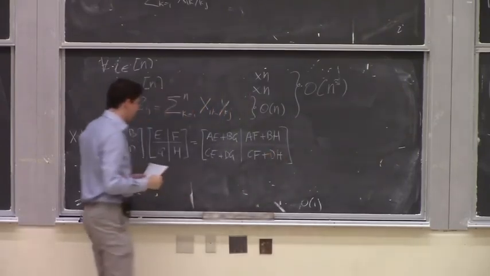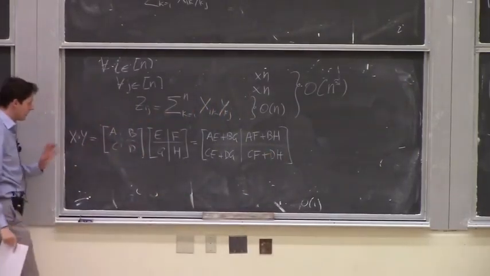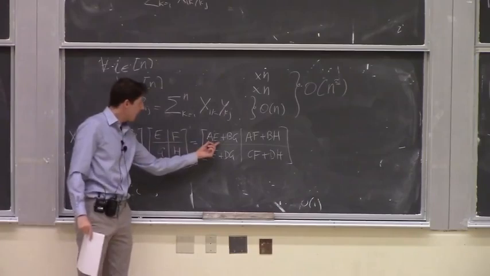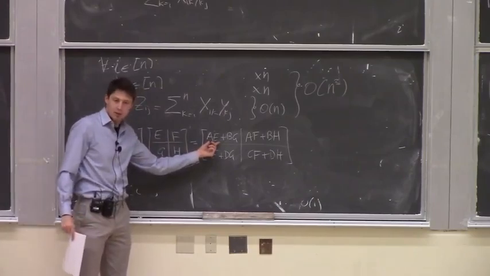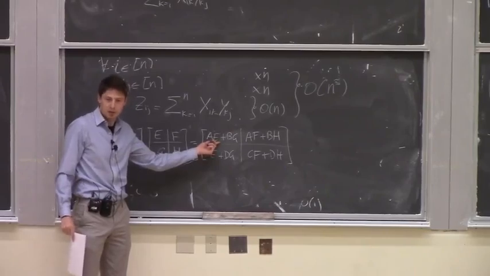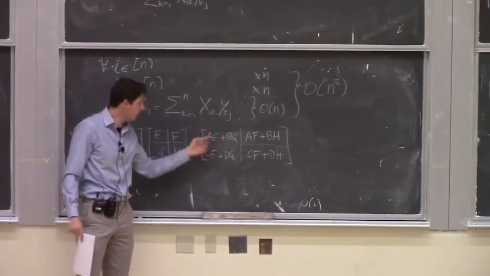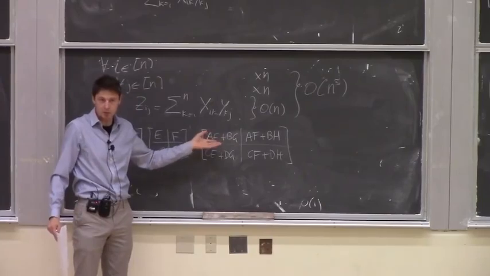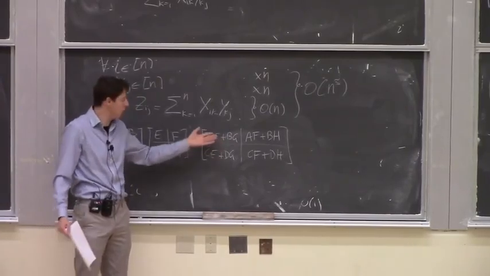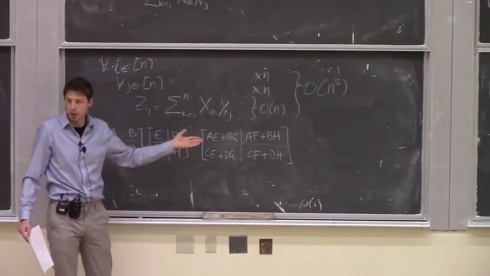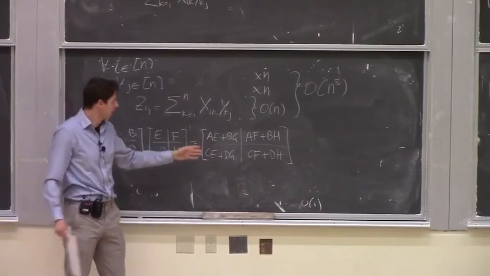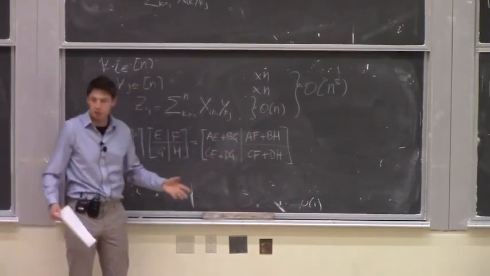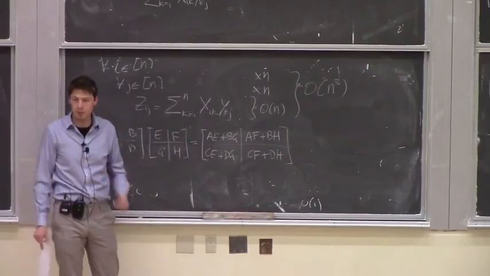Okay, let's just make sure syntactically what we're doing makes sense. These are n over 2 by n over 2 matrices. When I multiply them, I still get n over 2 by n over 2 matrices. So this entire thing here is an n over 2 by n over 2 matrix. So it makes sense to put it in the top left block of something that is n by n. Similarly for these other guys, and when I assemble all these blocks, I get back Z.